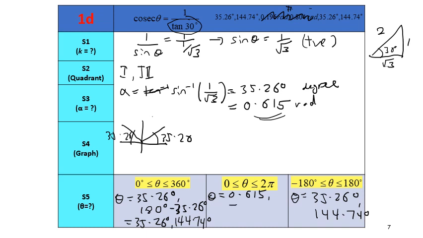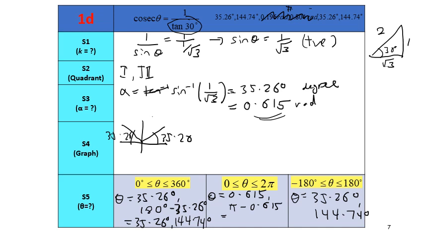And then for the second quadrant, pi minus 0.615. Okay, so remember the pi in this case is 3.14, and not 180, because it's already in radian. So pi minus 0.615.